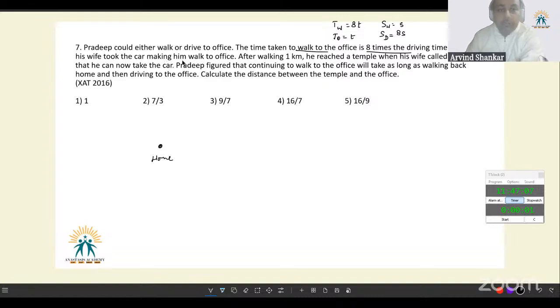One day his wife took the car, making him walk to office. After walking 1 kilometer, he reached a temple. He's at a temple now. When his wife called to say that he can now take the car, Pradeep figured that continuing to walk to the office will take as long as walking back home and then driving to the office. Let's say his office was somewhere here.